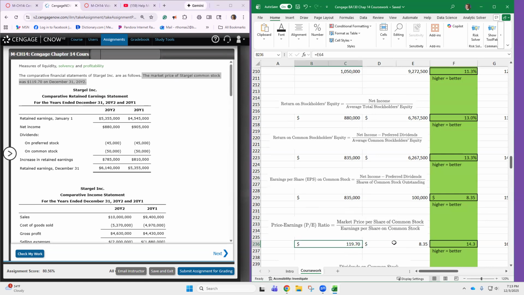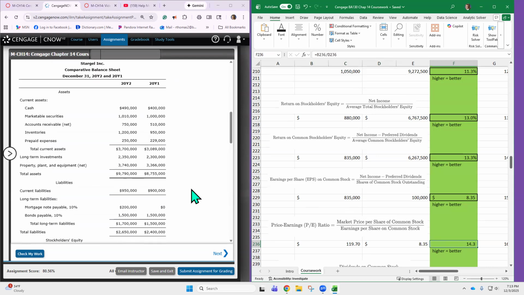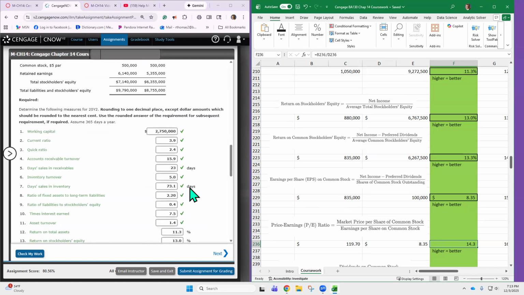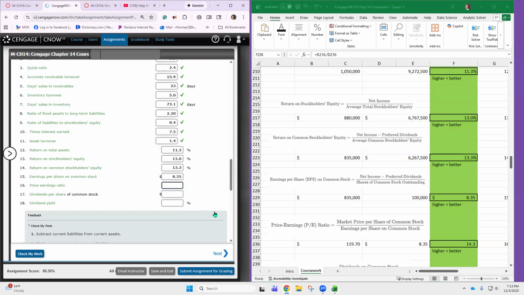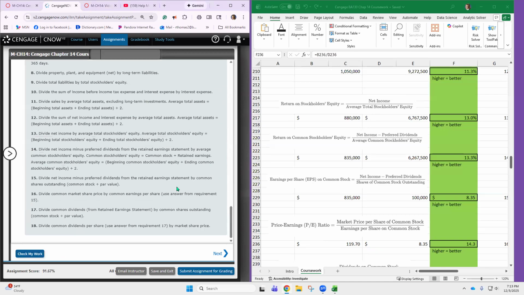When you take the market price and divide by our earnings per share, you get a number. That means how many times our earnings per share is in the price. So if you take 14.3 times $8.35, you get $119.70. Our price is 14.3 times our earnings per share. Let's check it, and then we have 2 more, and we'll call it good.